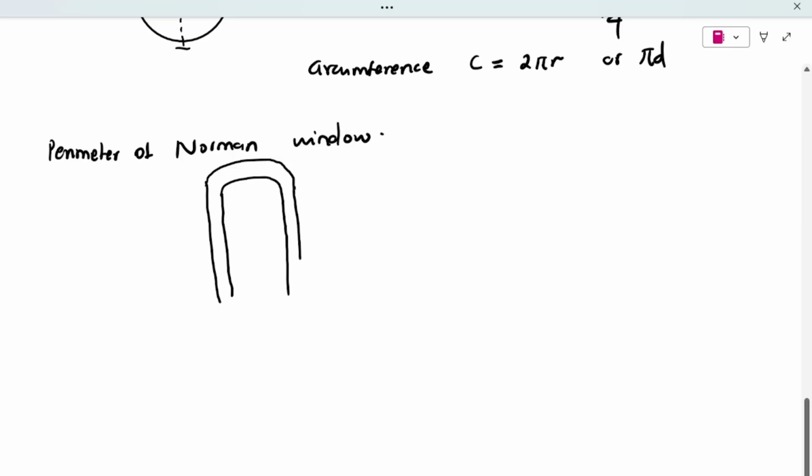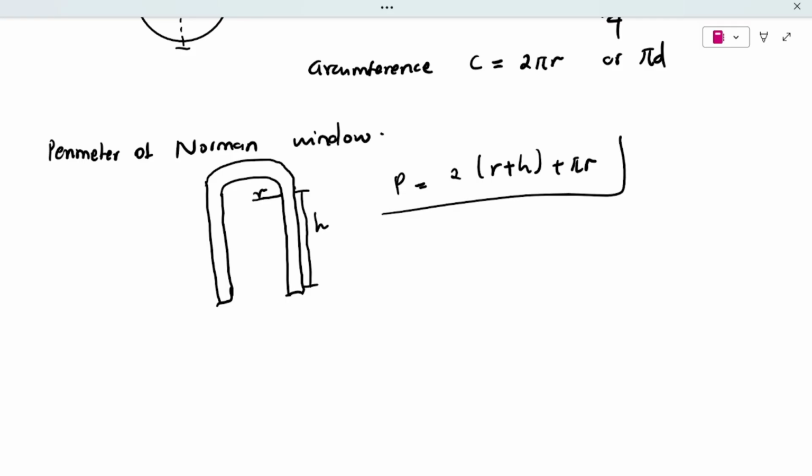Okay. So this is the arrow from the middle, and from here to here, this is H. So when you find P, it's 2r plus H plus pi r. This is how you find the perimeter of the Norman window.